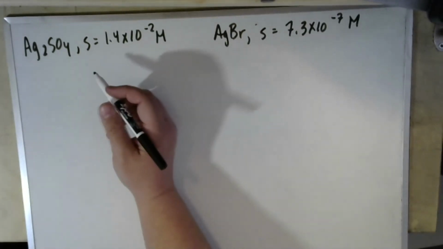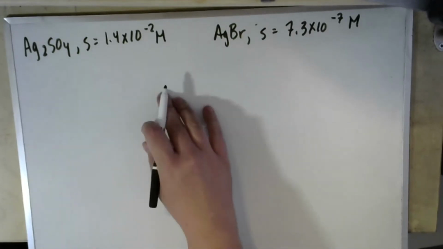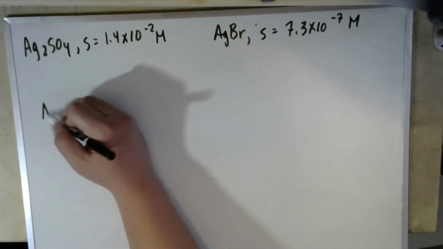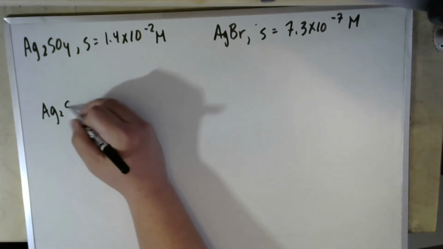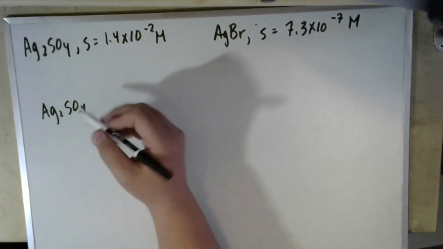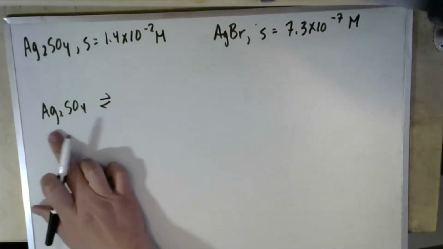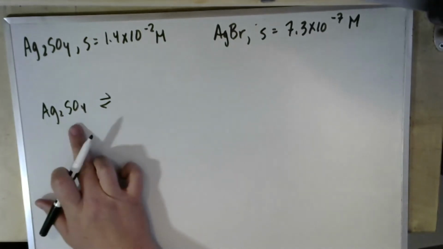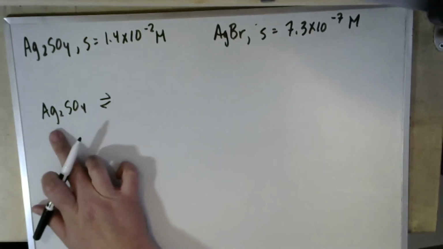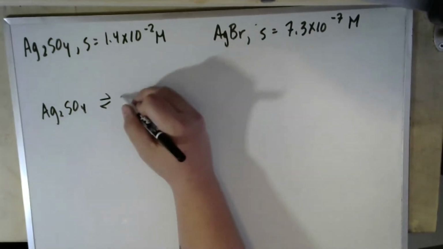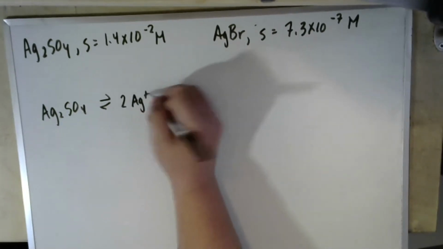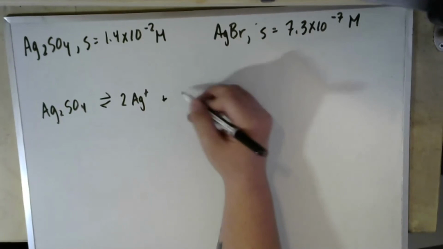You're still going to start by writing out your dissociation reaction here. Okay. So when the silver sulfate dissolves, we'll end up with 2 silver ions. We're going to end up with 1 sulfate ion.